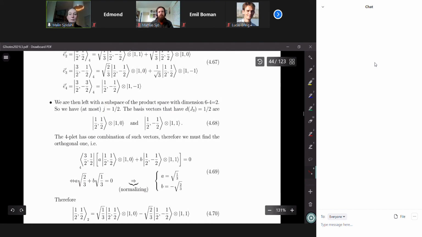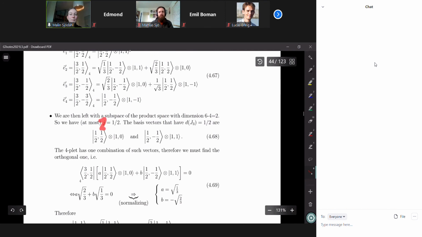Okay, so then we want the eigenvectors of J3 that are within this representation. So we know that the spin should add up to 1/2, and there are 2 states that have this property. So one is 1/2, 0, and the other one is -1/2, 1. In both cases, we add up the spin to 1/2.